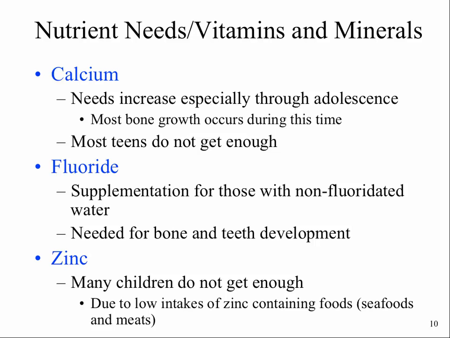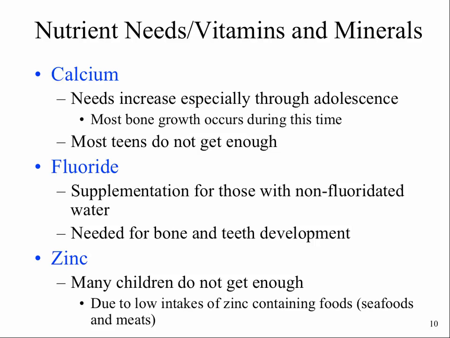Let's see here. Calcium, I'm going to just fly through these pretty quick here. Pretty obvious for the bone development. Fluoride, if you think about this, the first years of life is when all your teeth are coming in. You're losing teeth, they're turning over in those first 5-10 years of life. And so fluoride's very important to build a strong foundation for teeth. And then zinc, okay?